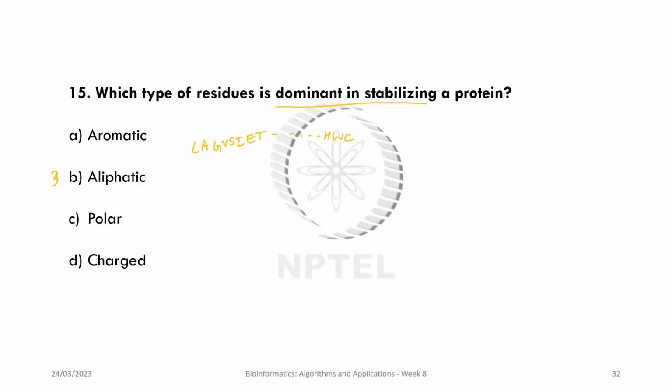Right, so aromatic, if you think, what are the aromatic residues? Tyrosine, tryptophan, and phenylalanine. You know what polar residues will be and charged residues will be.